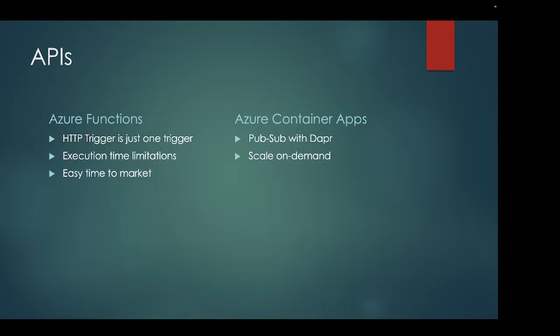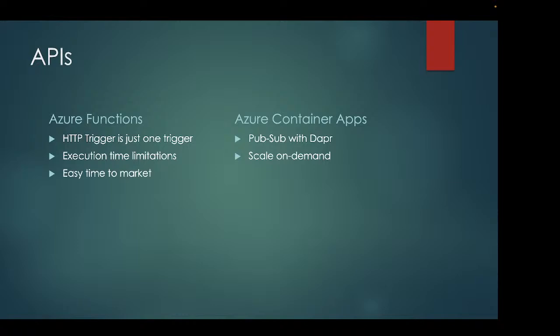So if you need a HTTP trigger, you can create a HTTP trigger which will be exposed as API endpoint to outside, and it has certain execution time limitations in the starter, the basic functions. It's like 90 seconds, and then it goes to 5 minutes in the premium plan and the app service plan. So the execution time limitations are there.